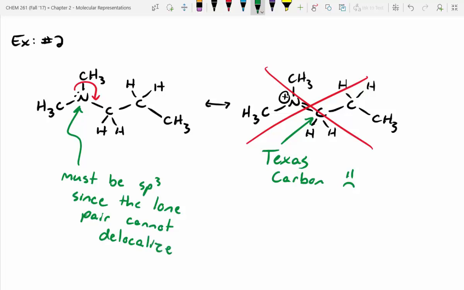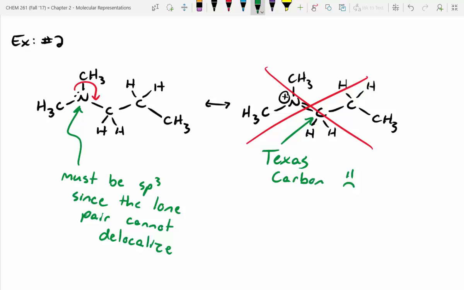So it is a little bit tricky. On the first quiz, all you had to do was look at steric number. Now you need to look at steric number and determine whether or not you can actually push those electrons around. If you can push those electrons around, it may change the hybridization a little bit. Does that make sense?